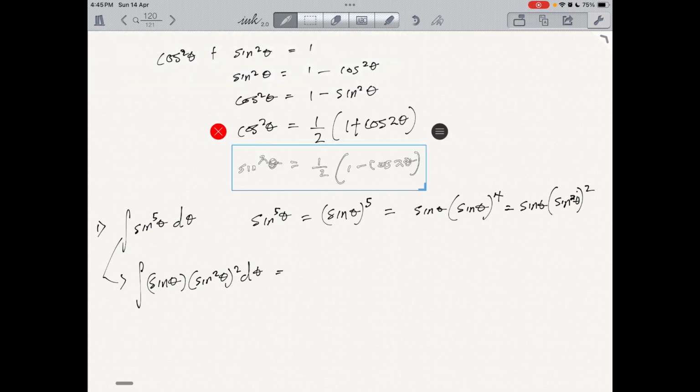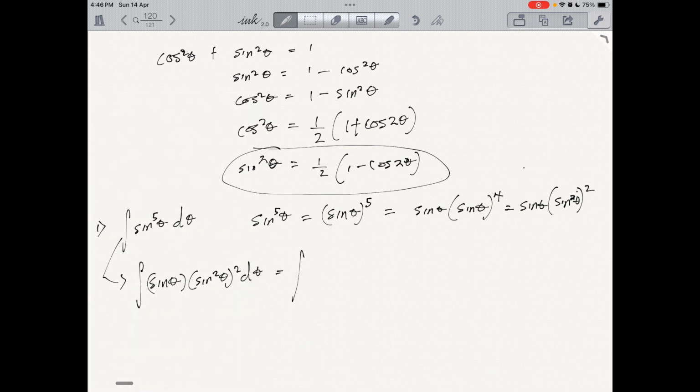Wherever we see sine squared theta, we'll substitute 1 over 2 into 1 minus cos 2 theta. So this will give us the integral of sine theta into 1 over 2 into 1 minus cos 2 theta d theta.